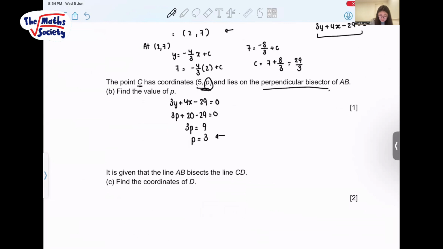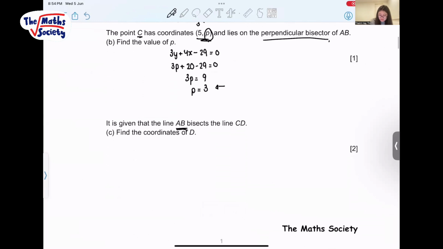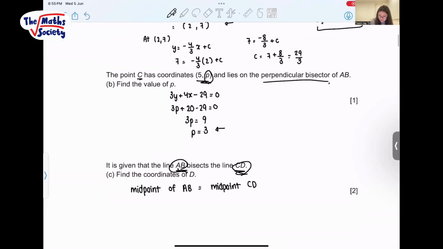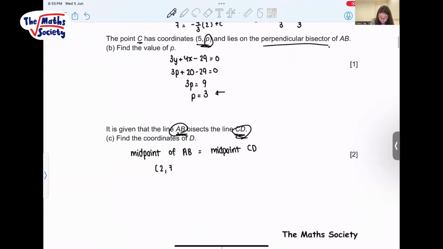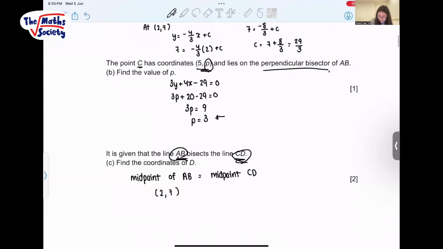And then for part c, it says that given that AB bisects the line CD. So if AB bisects CD, we know that the midpoints are going to be the same. So it's just going to be the midpoint of AB equals the midpoint of CD. And we know that the midpoint of AB was (2, 7). And then it says CD, we know that C is (5, 3), yeah?